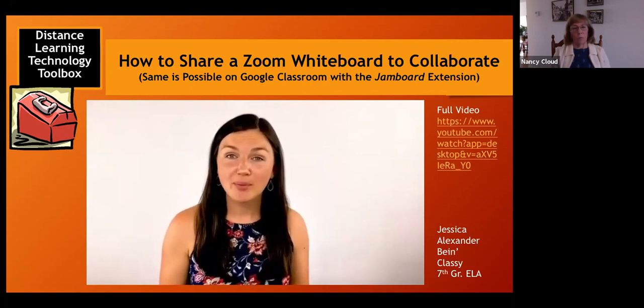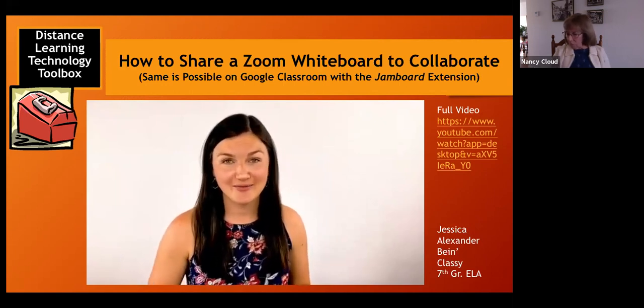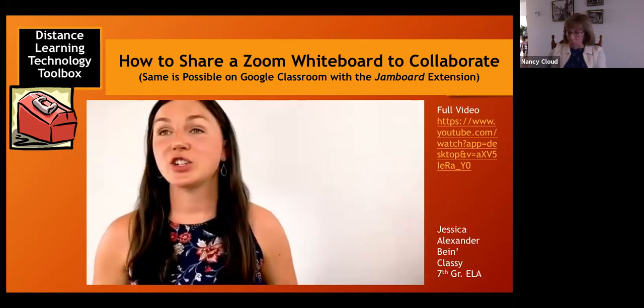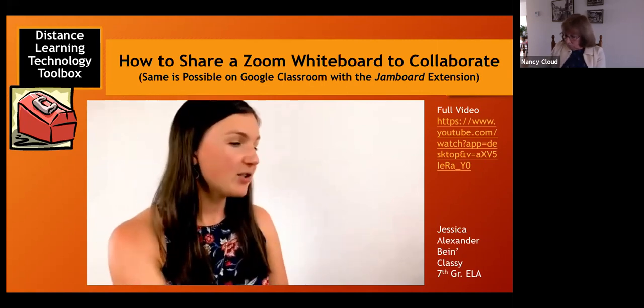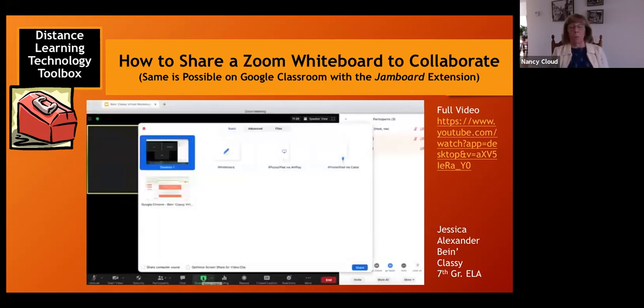Consider sharing your whiteboard in your Zoom class to have students annotate the screen. Let's take a look at what this actually looks like. If you're in Zoom as the host, you can navigate down to the green Share Screen button. By navigating here, you'll have a few options. I want to share my whiteboard, so I'm going to click Whiteboard and Share on the bottom right-hand corner.